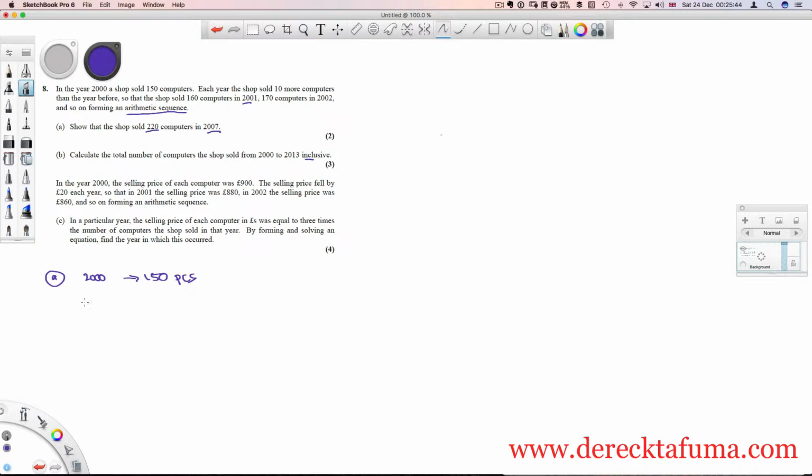So the equation for the number of computers is A sub n equals A1 plus (n minus 1) times D, in which case A1 is 150 because that's the first year.